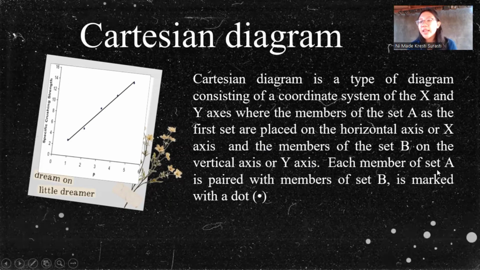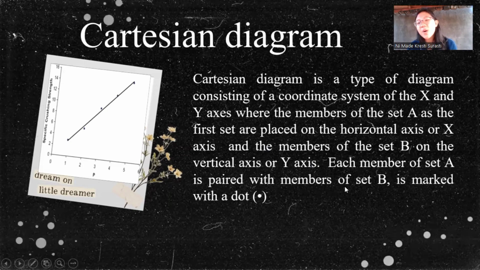Each member of set A paired with a member of set B is marked with a dot.